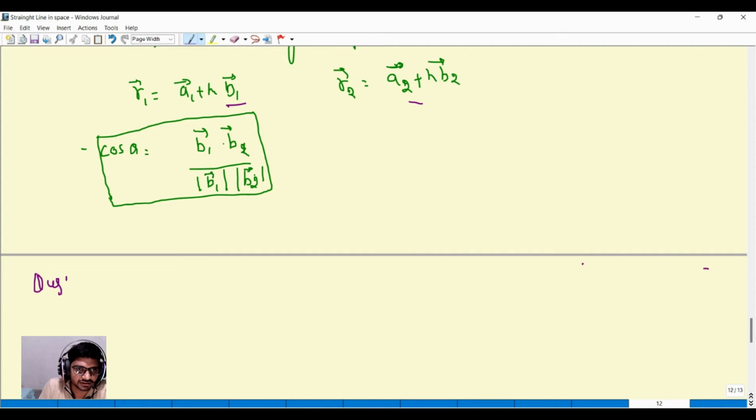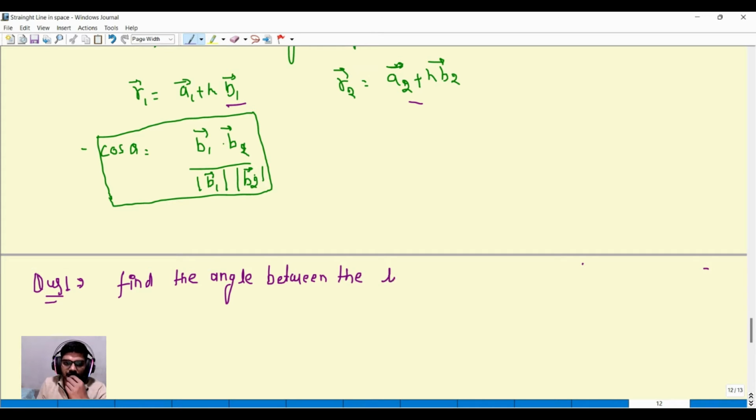So question number 1: find the angle between the lines.